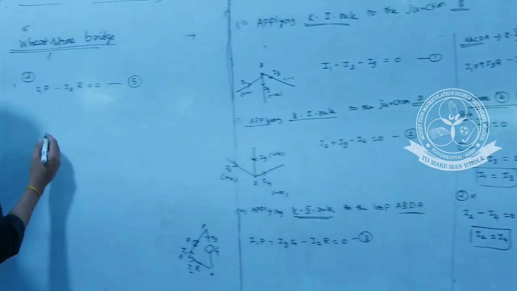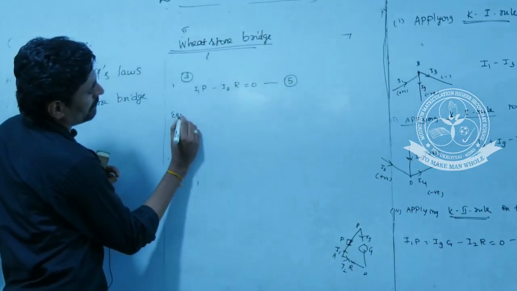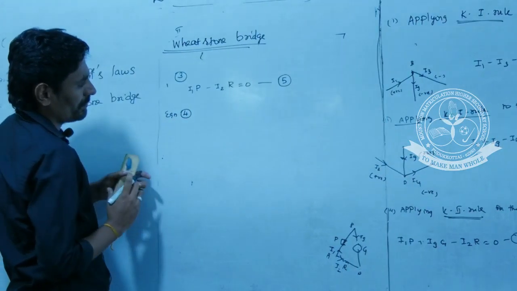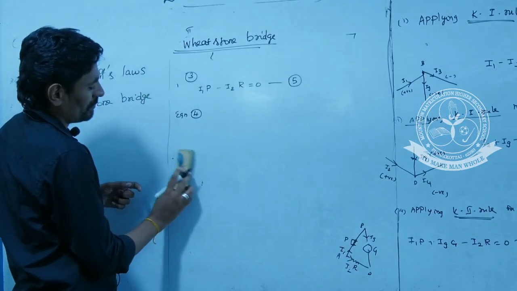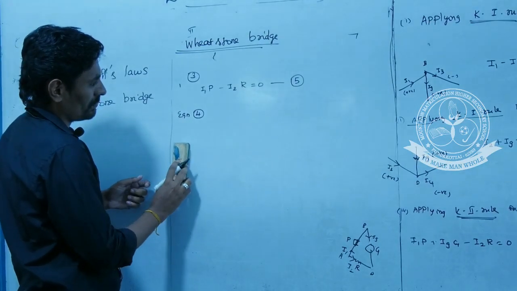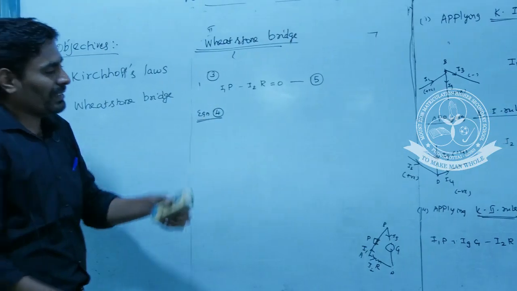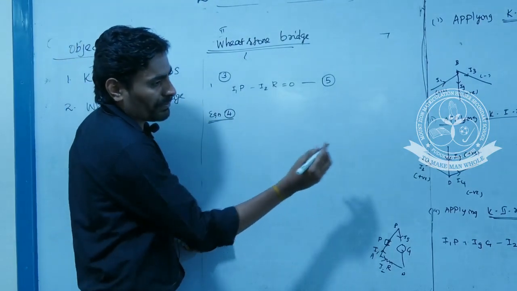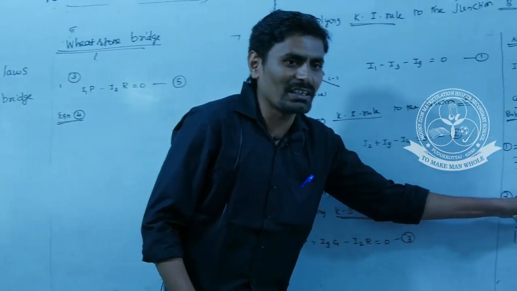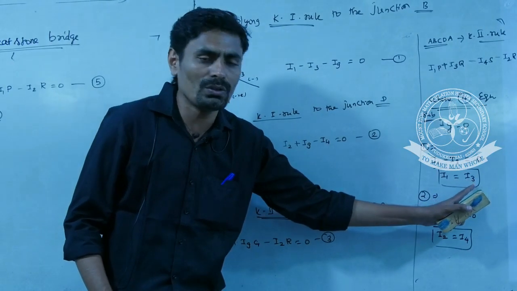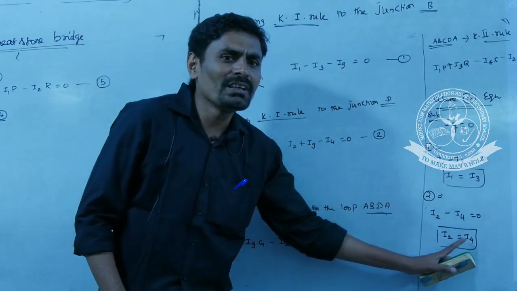In equation number 4 we can write I1. We know I1 equal to I3, so the currents I1 and I3 should be equal, and at the same time the currents I2 and I4 should be equal.